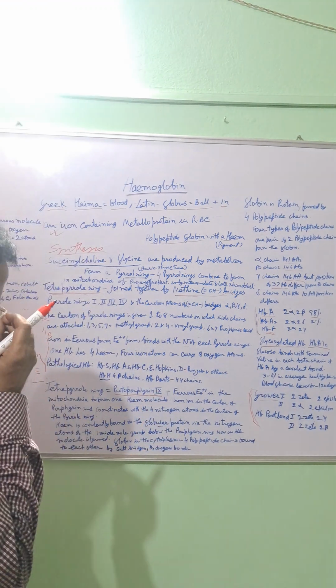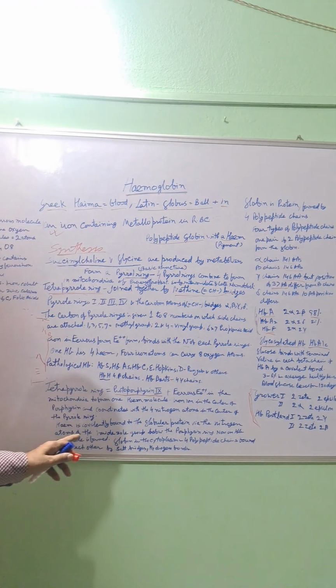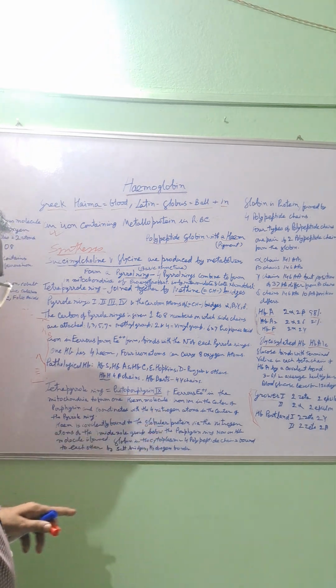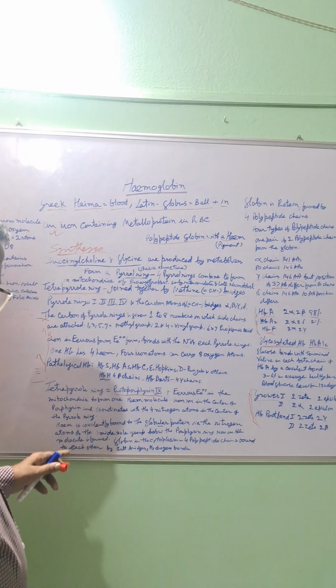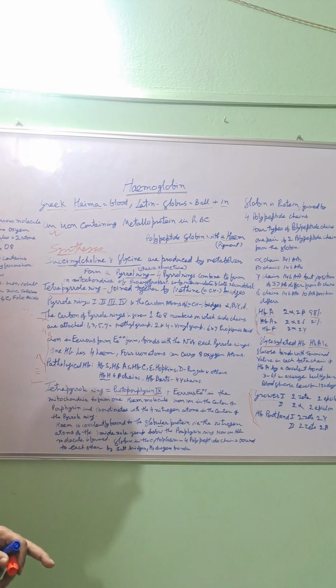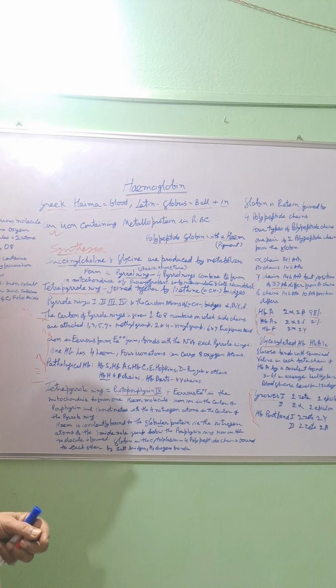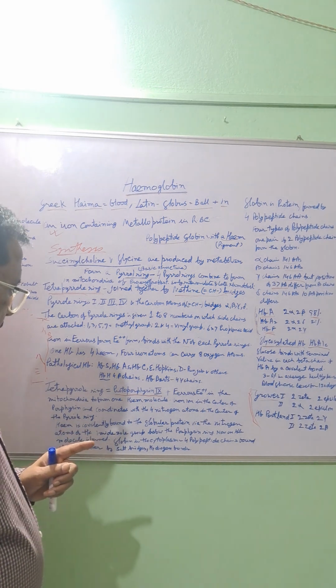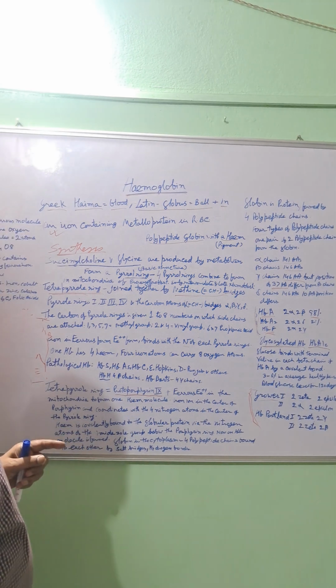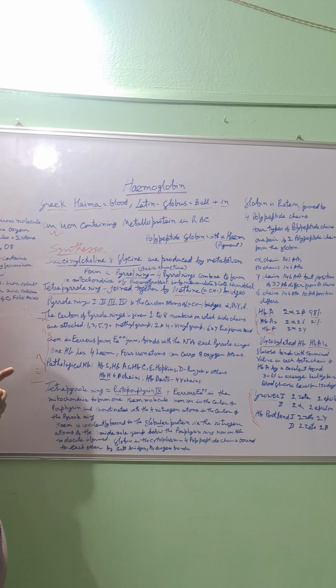Now heme is attached. Heme is covalently bound to the globular protein via the nitrogen atoms of the imidazole group below the porphyrin ring. Now one hemoglobin molecule is formed. One ferrous atom binds with one oxygen molecule, that is two atoms.